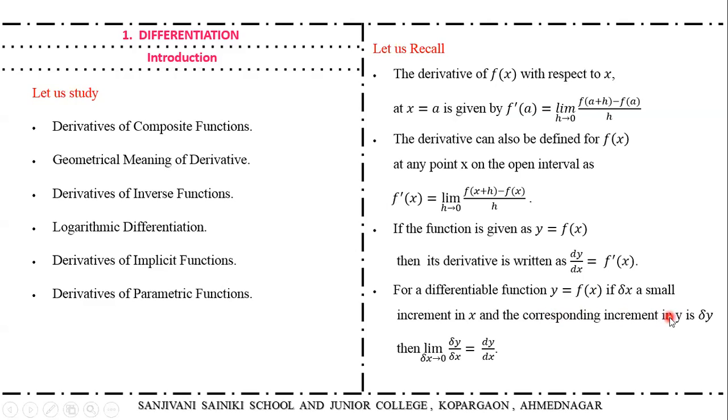So the corresponding increment in y is delta y. Then the limit of the incremental ratio delta y by delta x as delta x tends to 0, this limit exists and is denoted by dy by dx. This is the Leibniz notation of the derivative.